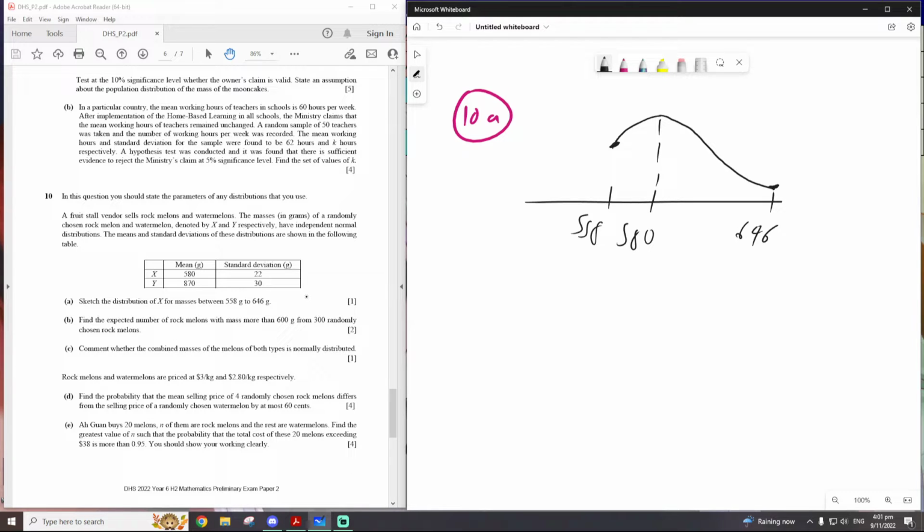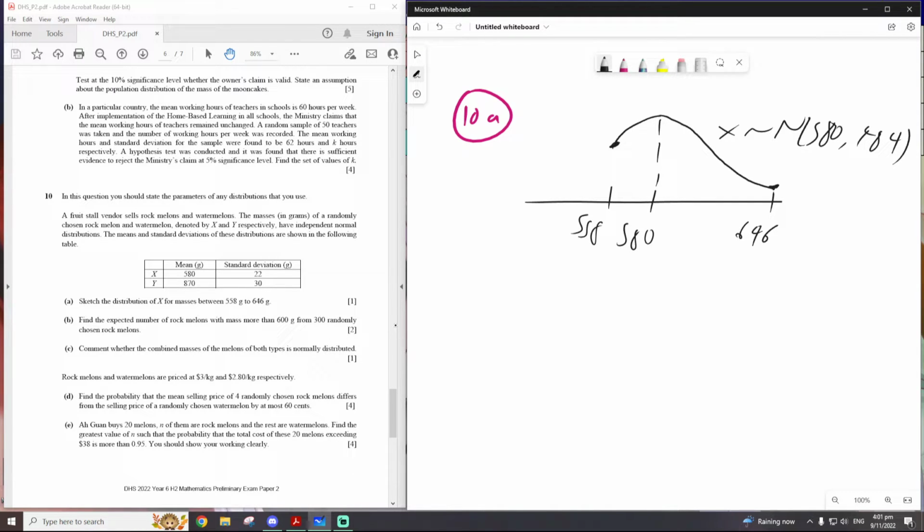So this will be the distribution. X is normal, 580 and 22 squared, which is 484. Find the expected number of rock melons with mass more than 600 grams from 300 randomly chosen.